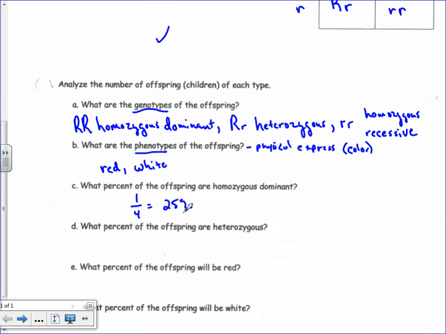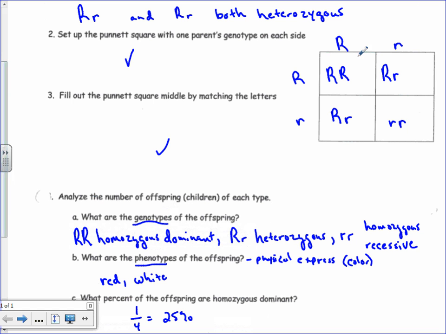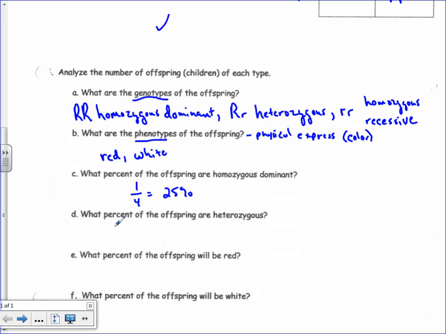What percent are heterozygous? Okay, if we look at the box again, we have 2 out of 4 are heterozygous. So 2 out of 4 we can reduce to 1/2, which is equal to 50%. So we have 50% that are heterozygous.